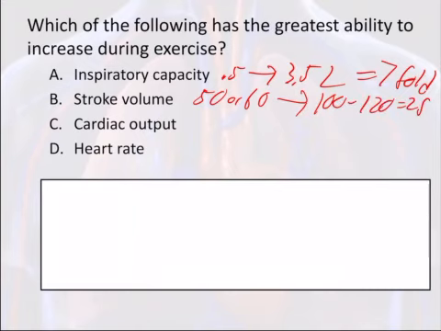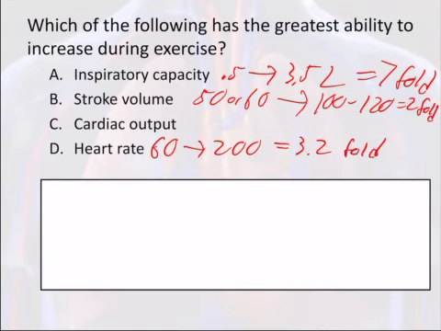So that's a 2-fold increase. Heart rate, we know, can go from about 60 beats per minute to probably about 200. So that's a little over a 3-fold, maybe a 3.2-fold here.